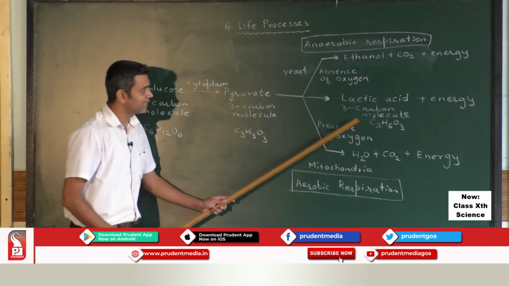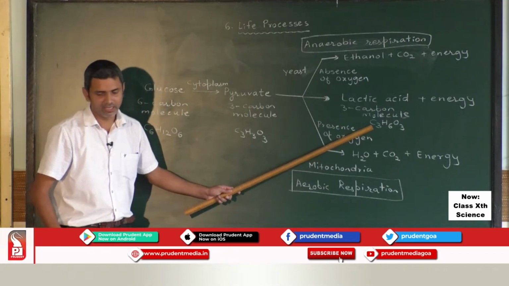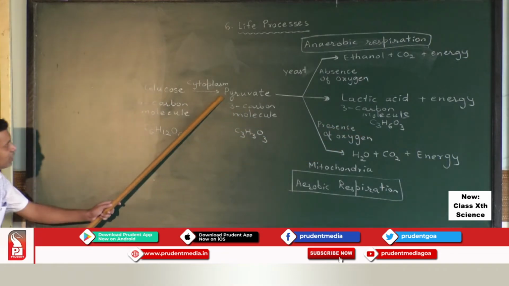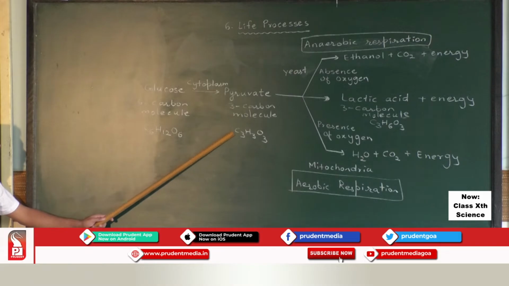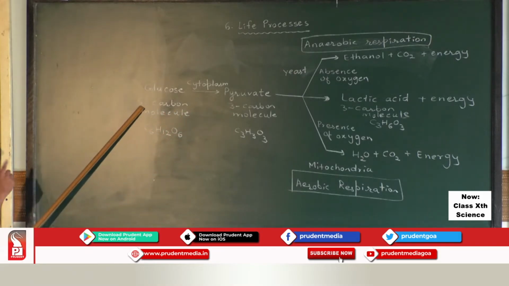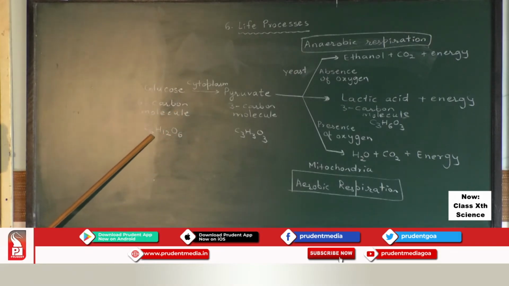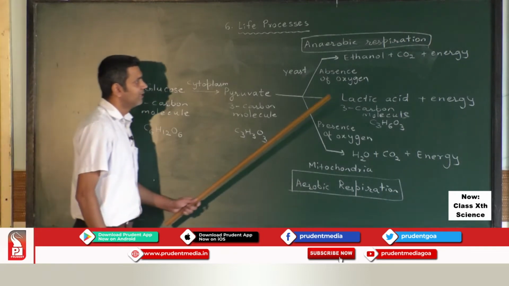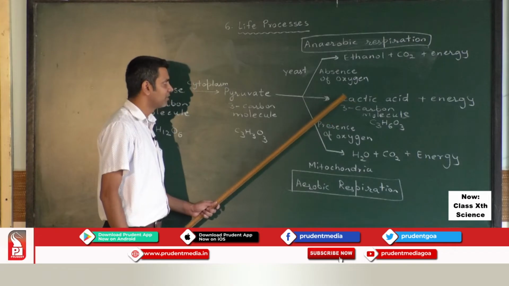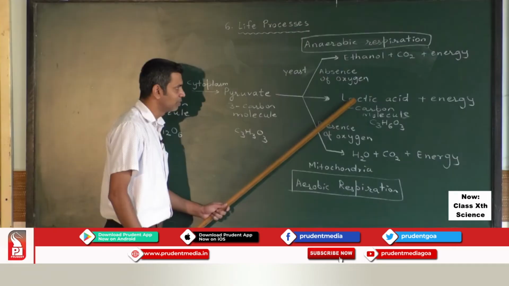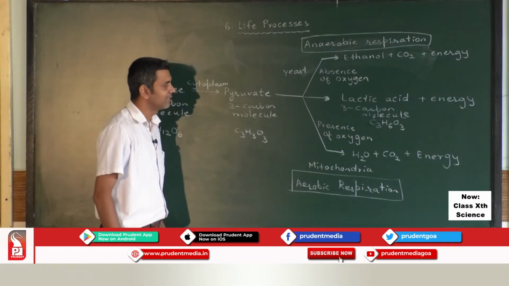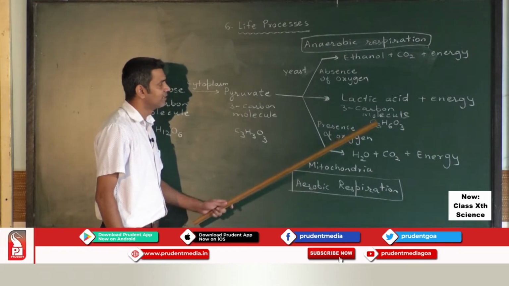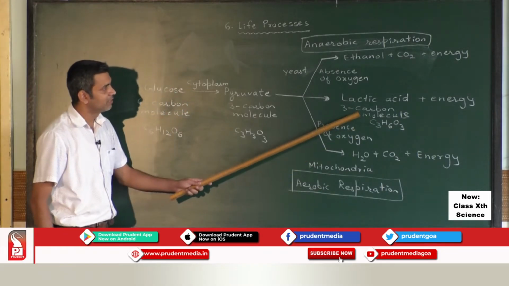Again we can see it is a 3-carbon molecule. Pyruvate is also a 3-carbon molecule, and glucose is a 6-carbon molecule. And this conversion of pyruvate into lactic acid and the release of energy takes place in muscle cells.